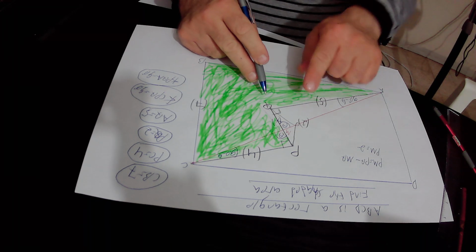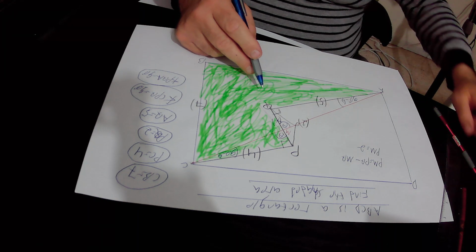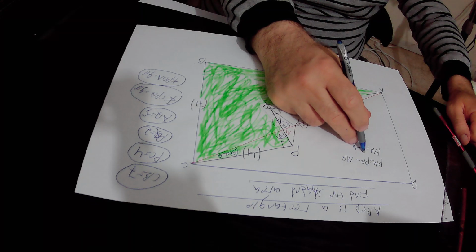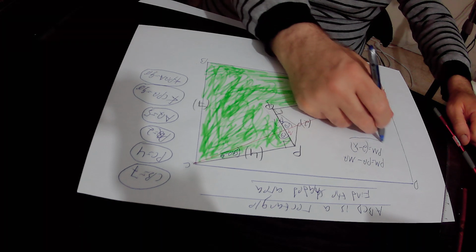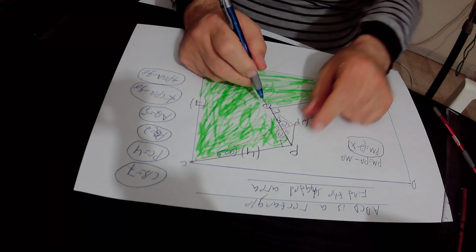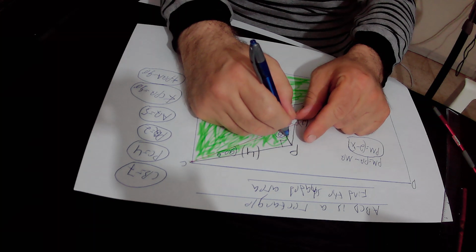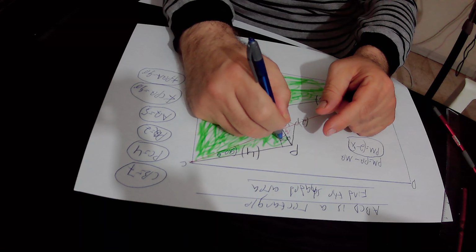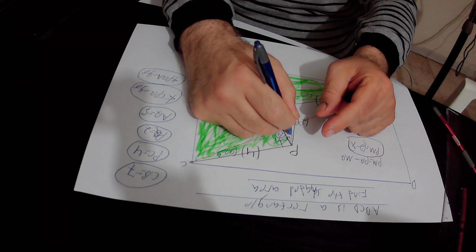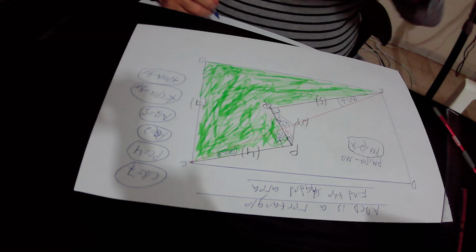MQ equals x according to our definition. Therefore, in total, PM equals 2 minus x. This is line segment PM, which equals 2 minus x.